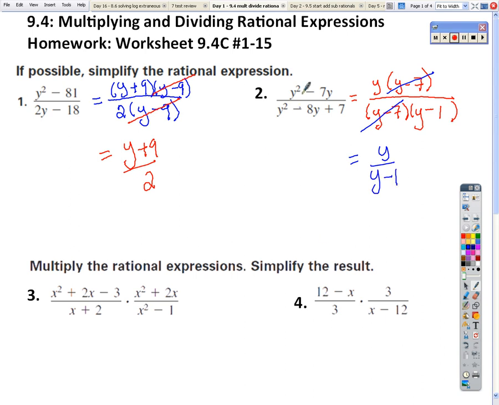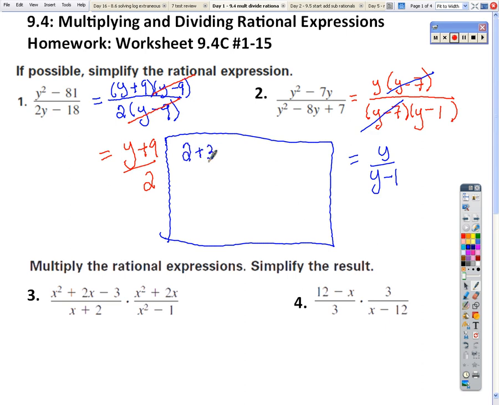If you are tempted to cancel like this, I want you to think about this situation. If I have 2 plus 3 divided by 2, what does that equal? Well, that's 5 halves. If you said these cancel, well, that's 3.